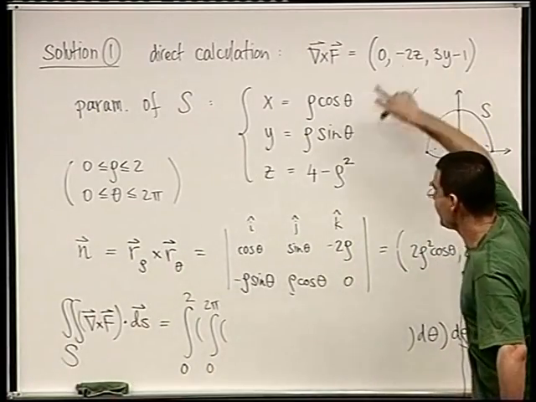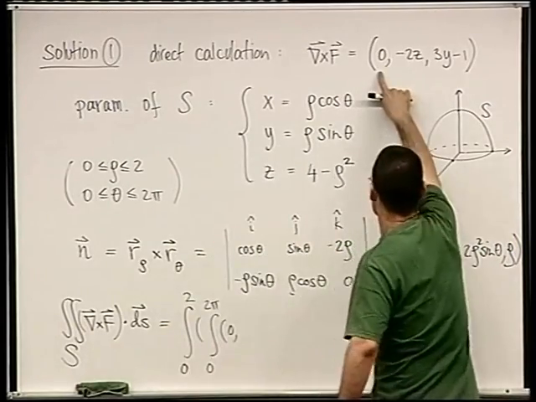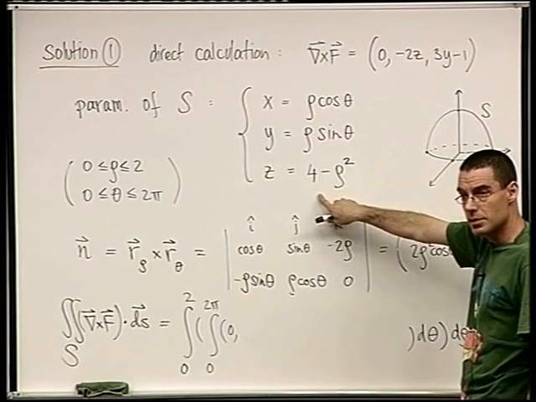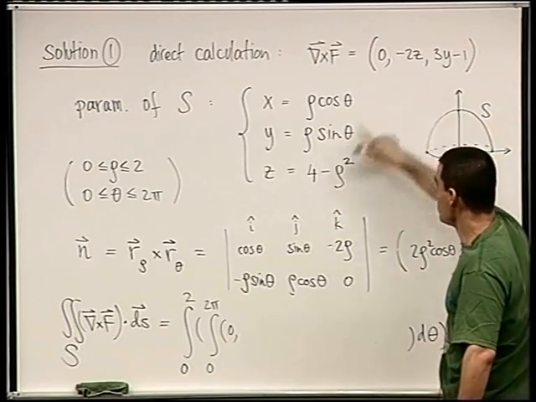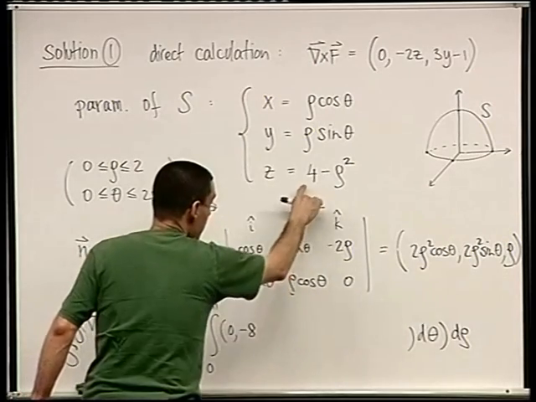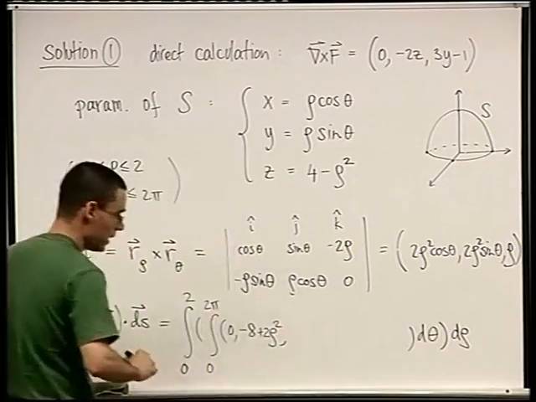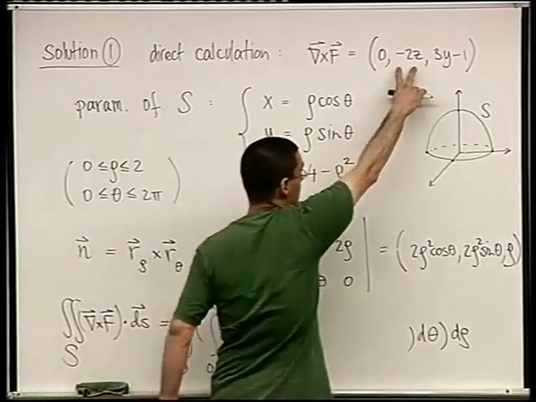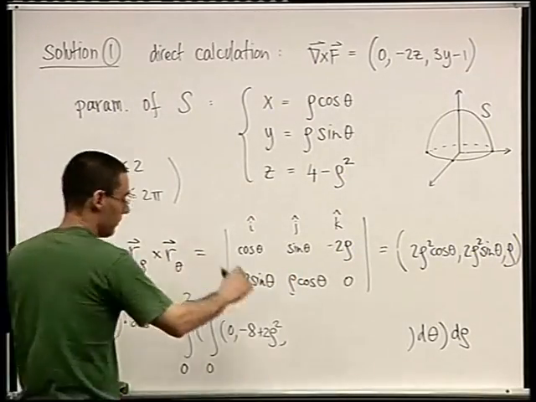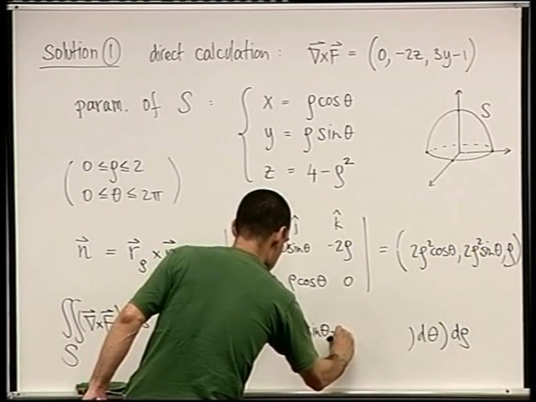F is now this, so we need this calculated on the parametrization. We have 0 for the first coordinate, then minus 2z, minus 2 times this. Everybody with me? Minus 2 times z, so it's minus 8 plus 2 rho squared. This is the second component of the field we're looking at on the surface. And then 3y minus 1, so 3 rho sine theta minus 1.